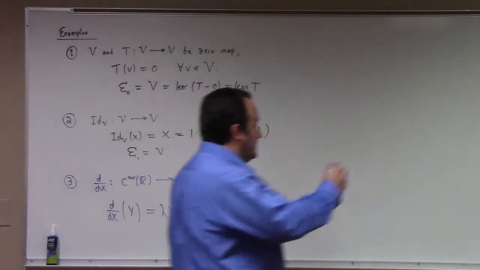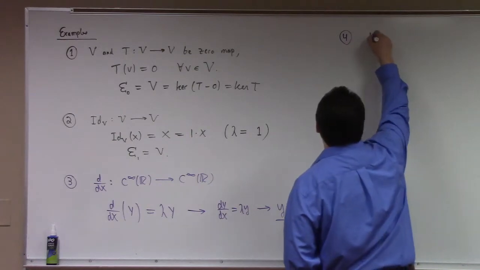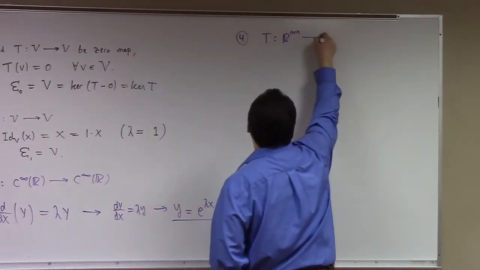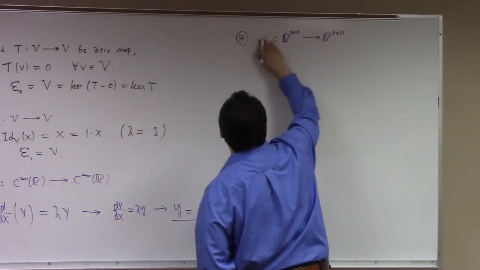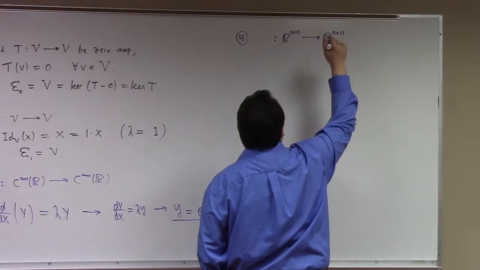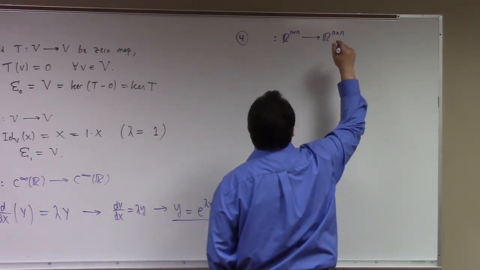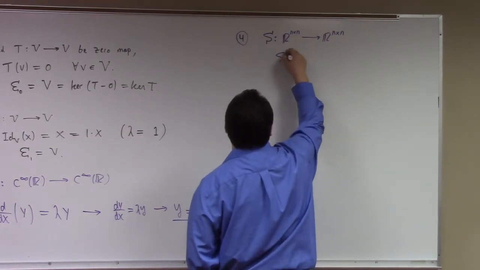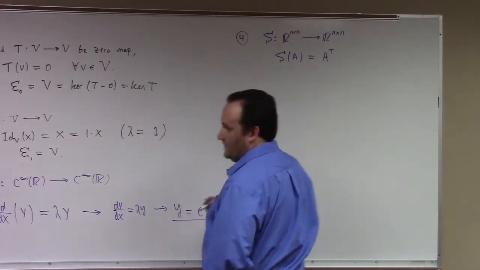Here's another example, and this might be a homework problem, so my apologies if I'm working on your homework. How about this? We look at a linear transformation T from, say, n by n matrices to n by n matrices. Let me use something other than T, actually. Let's call this thing, I don't know, S. So let's define S by S of A is equal to A transpose, the transposition map.